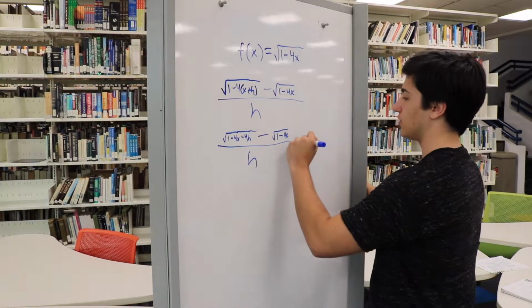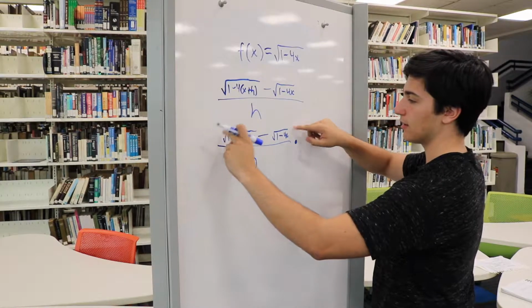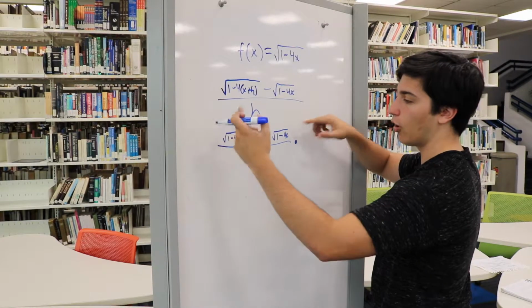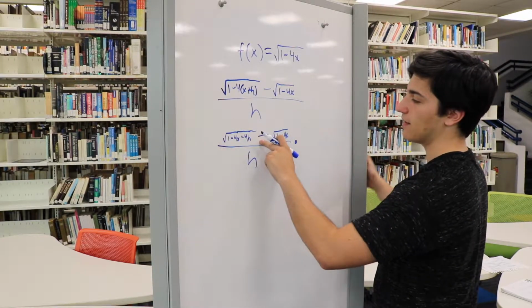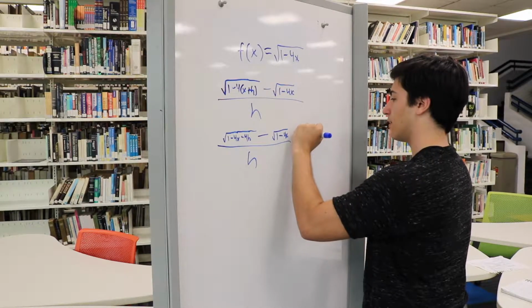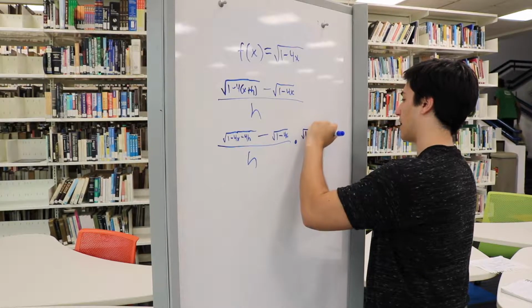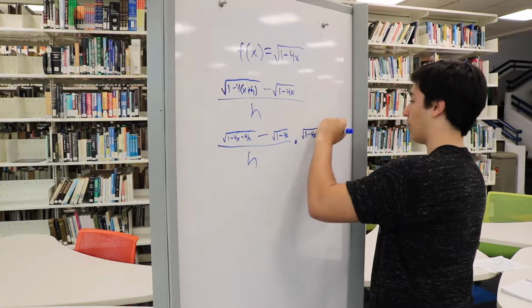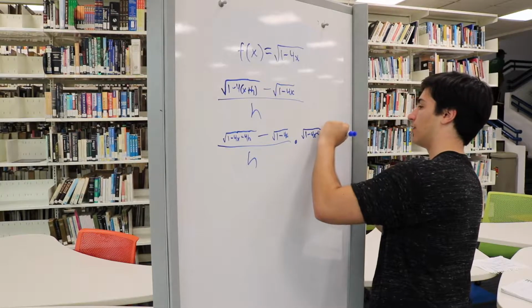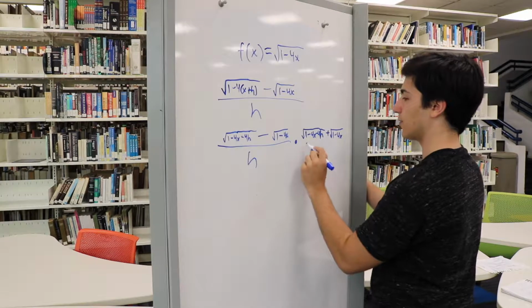The other equation is just multiply by another fraction, that is the numerator, all of the numerator, but instead of negative, we put it positive. So it's the square root of 1 minus 4x minus 4h, all of this plus the square root of 1 minus 4x, right?